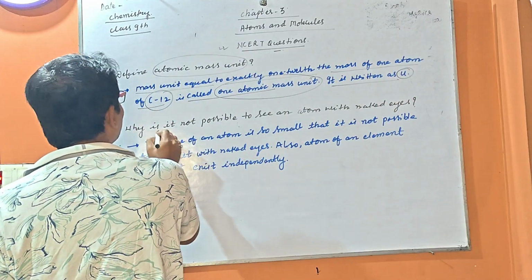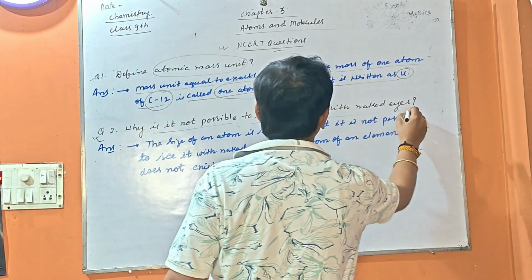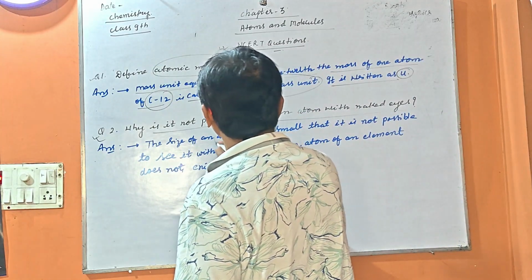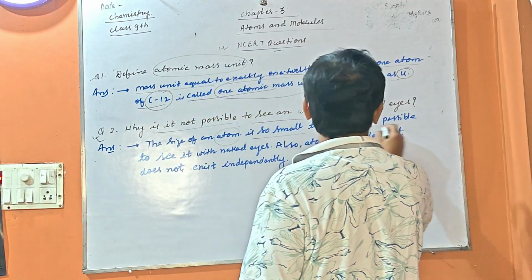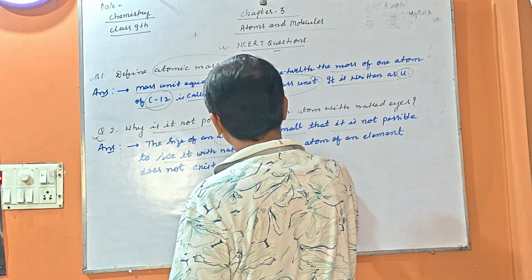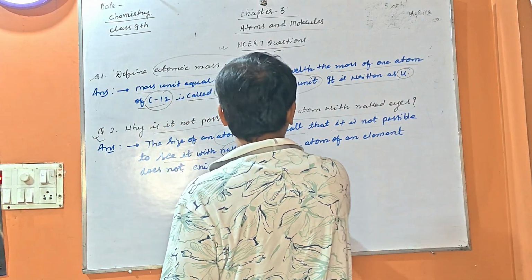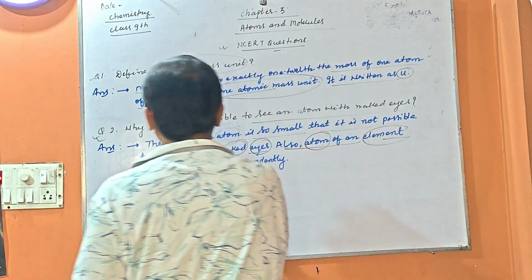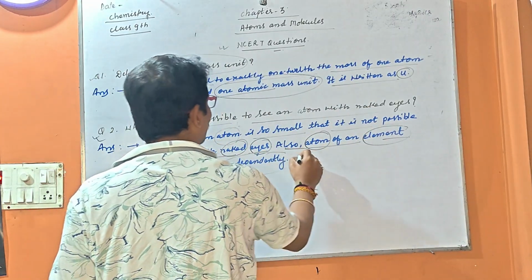Second question: why is it not possible to see an atom with the naked eye? The size of an atom is so small that it is not possible to see it with the naked eye. Also, an atom of an element does not exist independently.